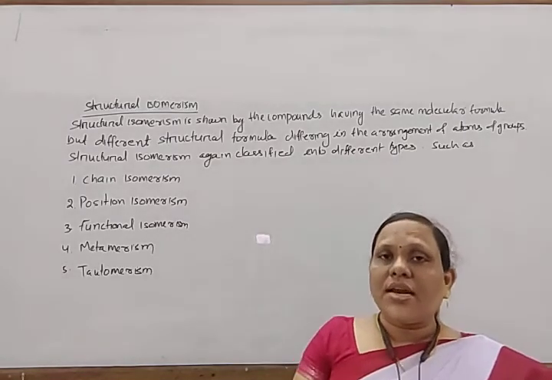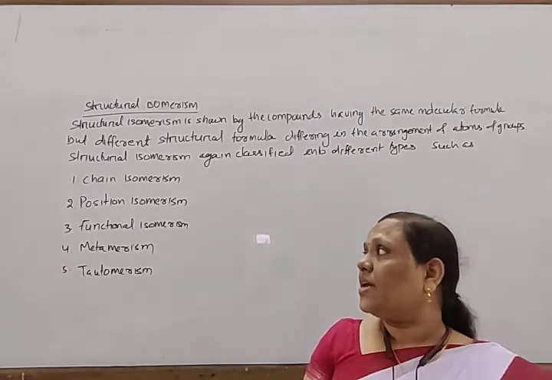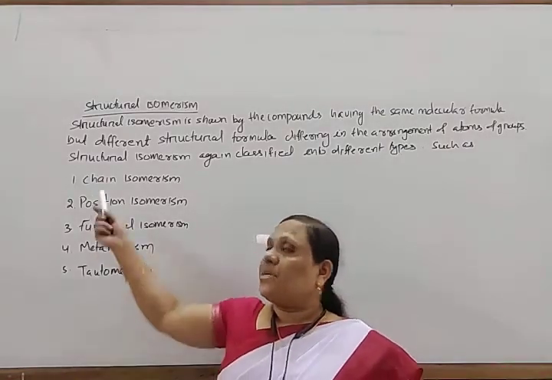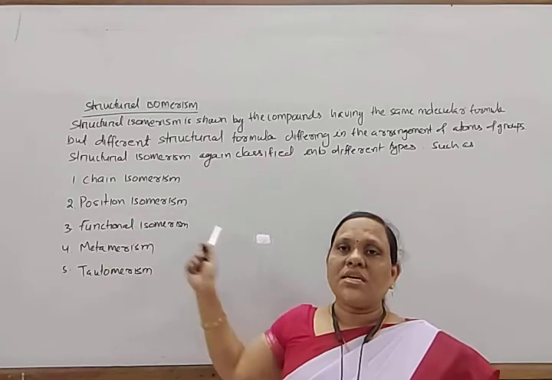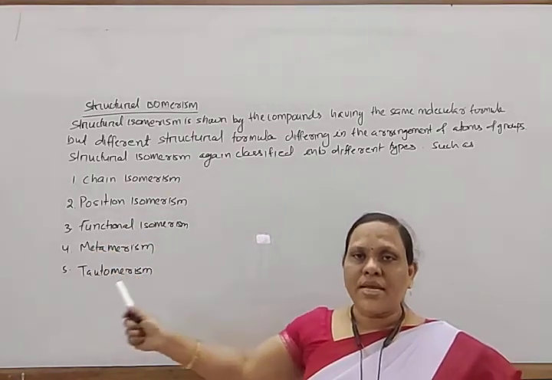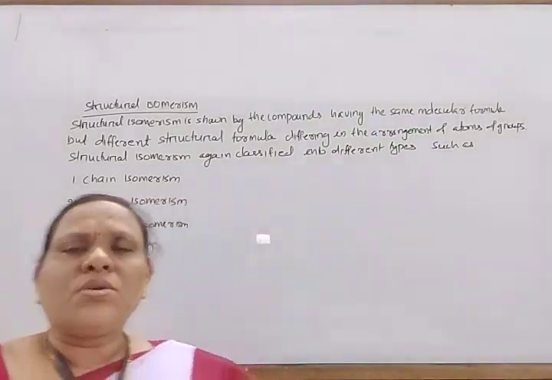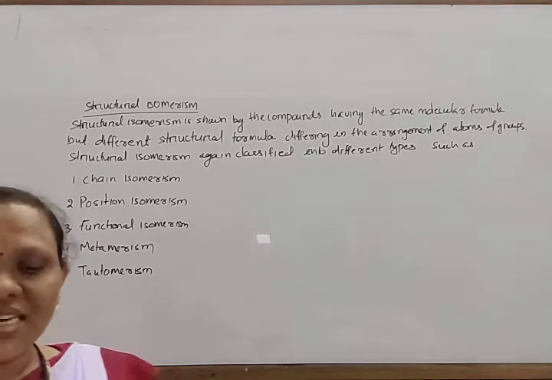And structural isomerism is again classified into 5 types: chain isomerism, position isomerism, functional isomerism, metamerism and tautomerism. Another isomerism is also there, that is ring chain isomerism.